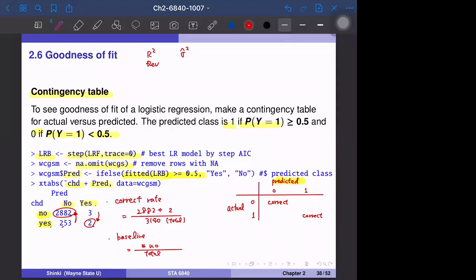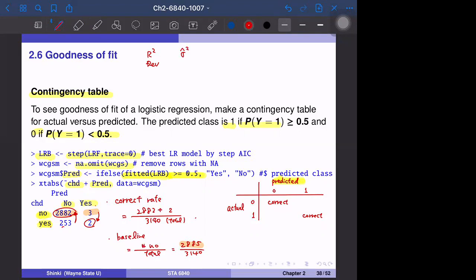If we diagnose all volunteers as no, then at least we can achieve this baseline. This baseline is 2885, the summation of these two numbers, over total. So actually this is even better than the correct rate by our decision rule.